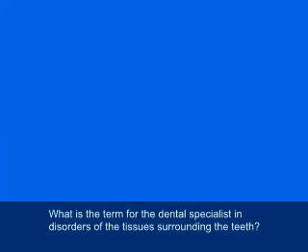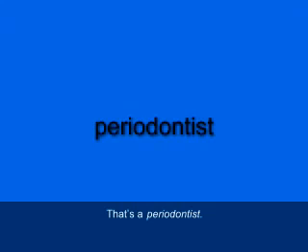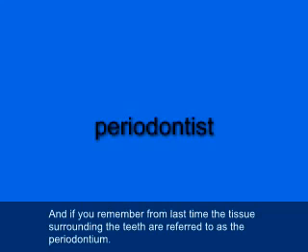And what is the term for the dental specialist in disorders of the tissues surrounding the teeth? Well, that's a periodontist. And if you remember from last time, the tissues surrounding the teeth are referred to as the periodontium.